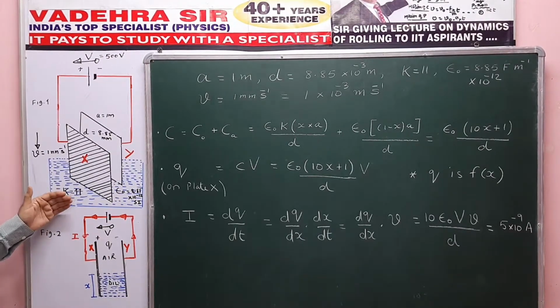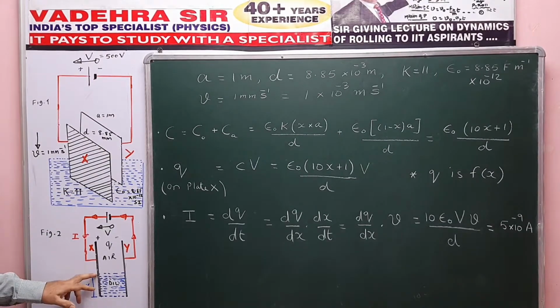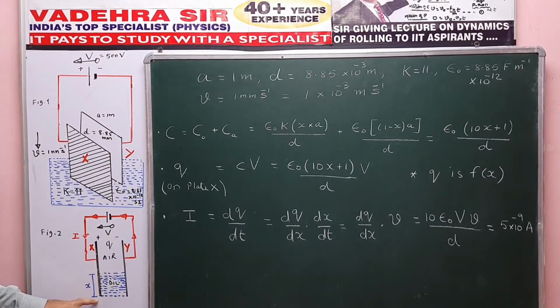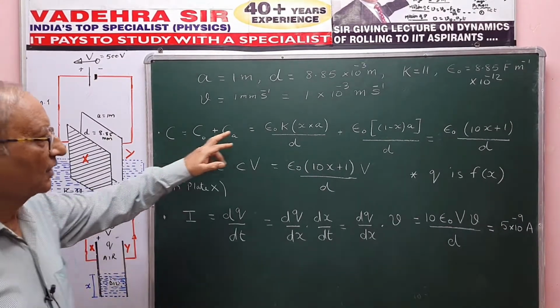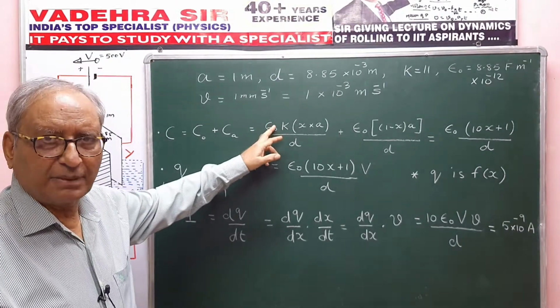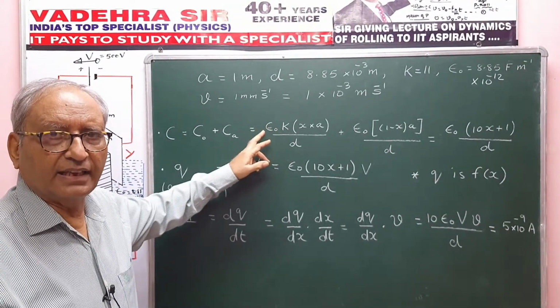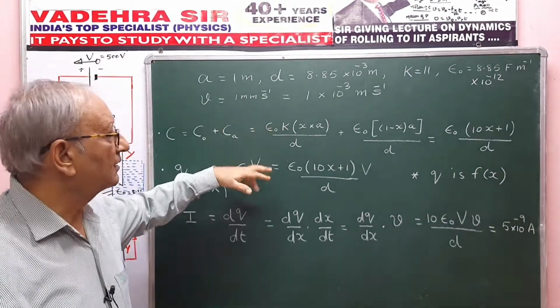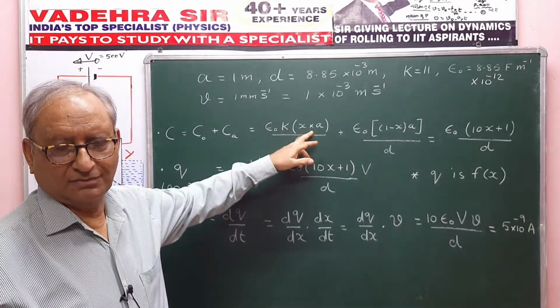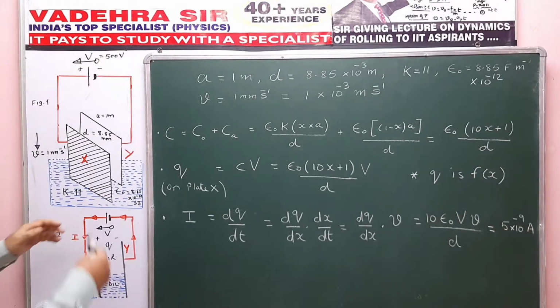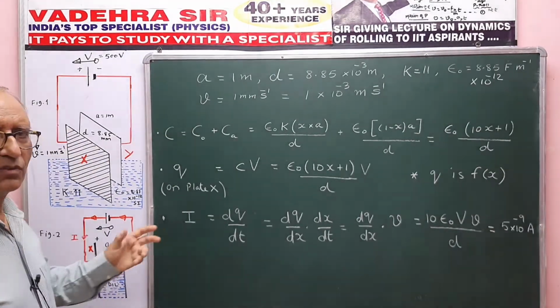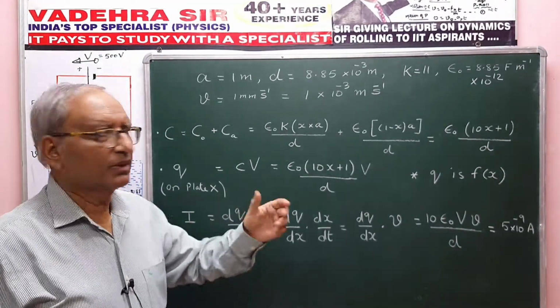So at any instant, let the length of the plates inside the oil be X, so that the oil capacitor would be epsilon naught K, the dielectric constant, into X into A, divided by D, the separation between the plates. X multiplied by A is the area, where A is the width of the plate. Of course, A is 1 meter.